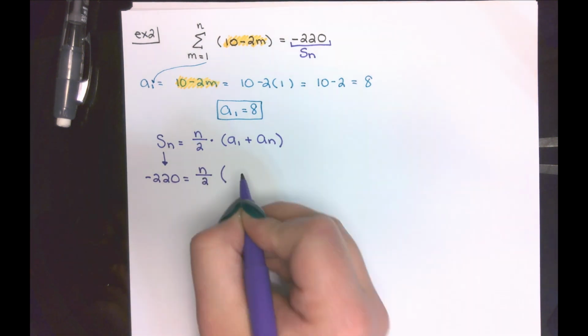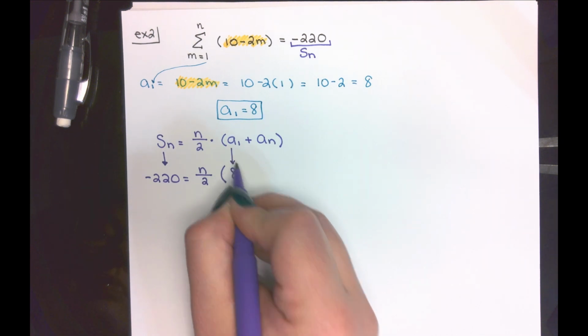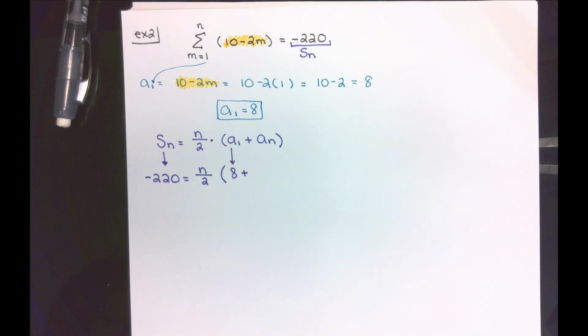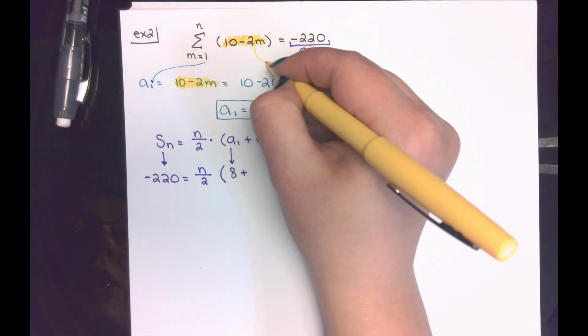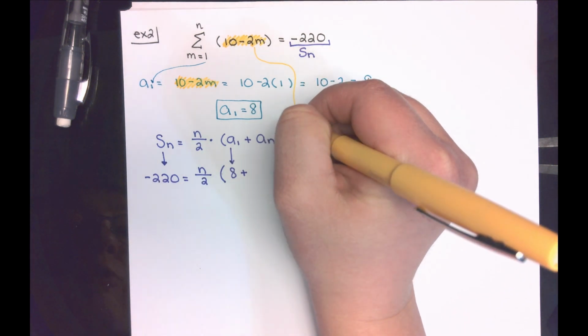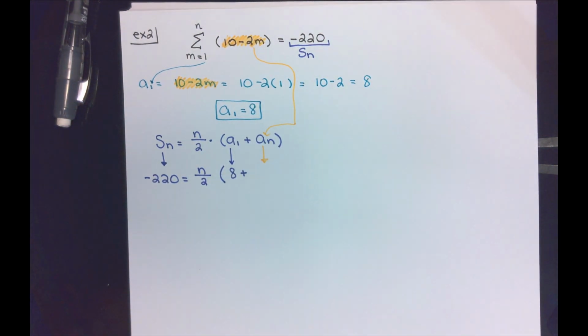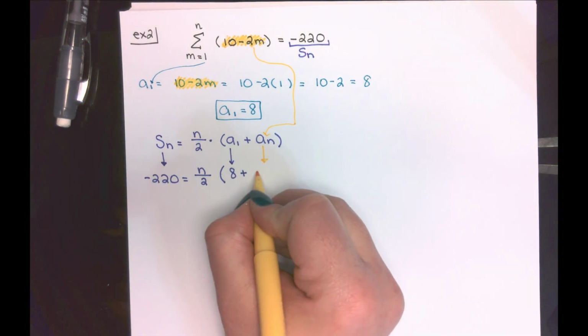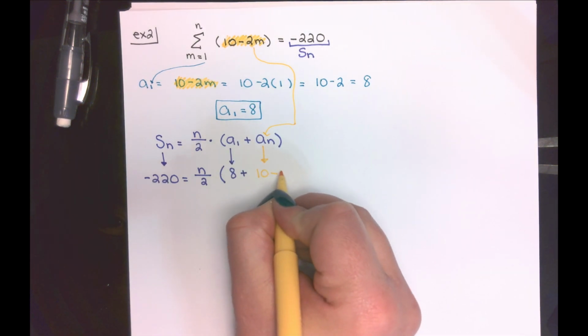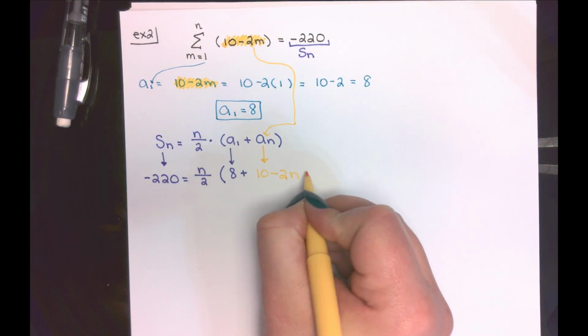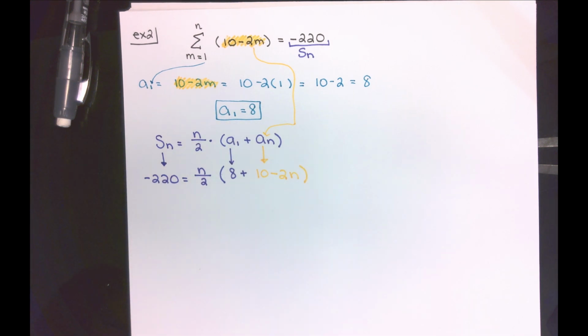A sub 1 we said was 8. And, okay, watch again. You're going to take this equation, this formula, and you're going to replace a sub n with it. And you're going to change the variable m to an n. And then close it.